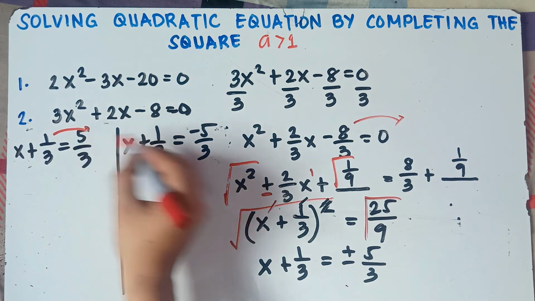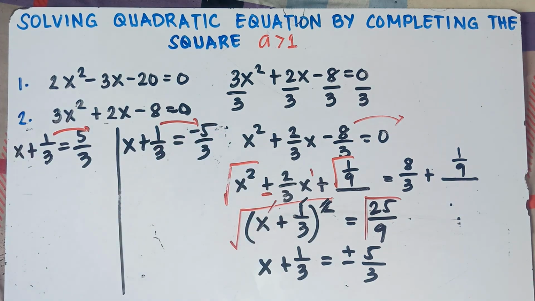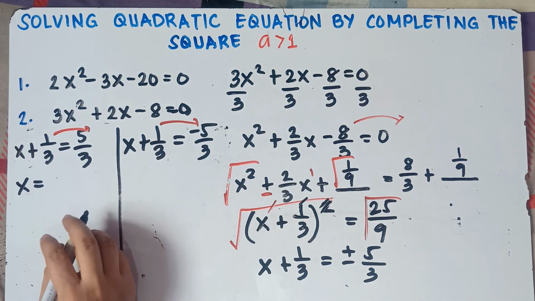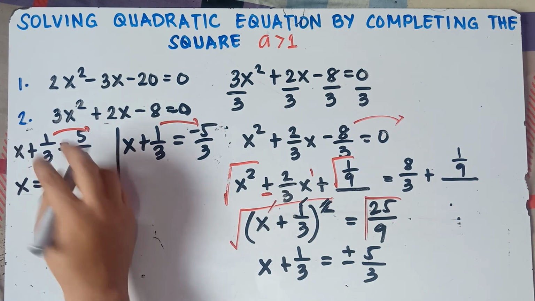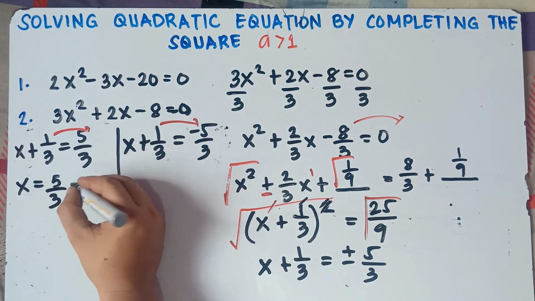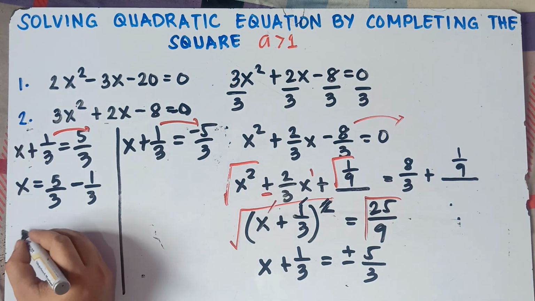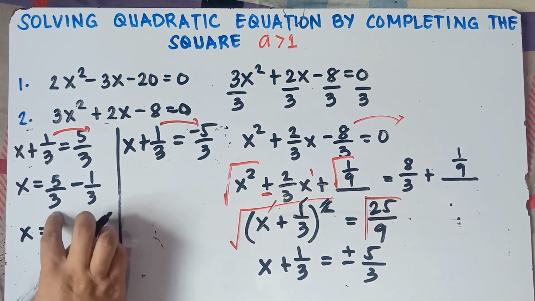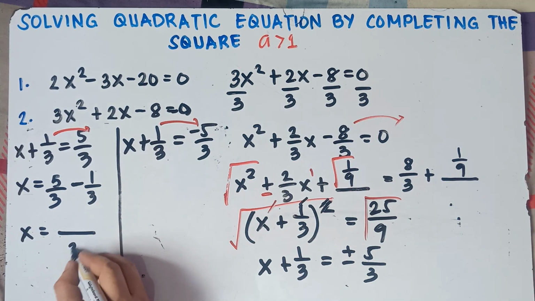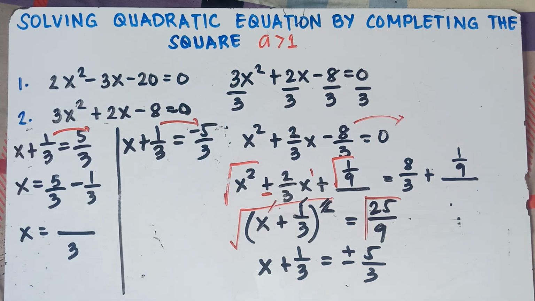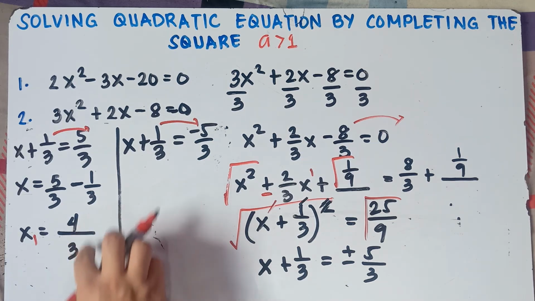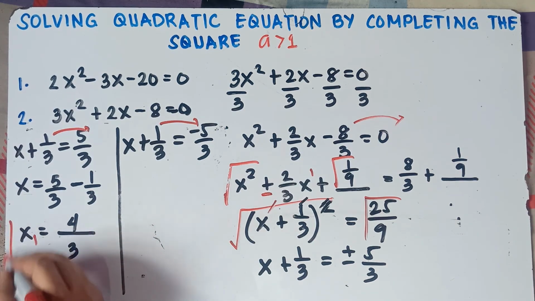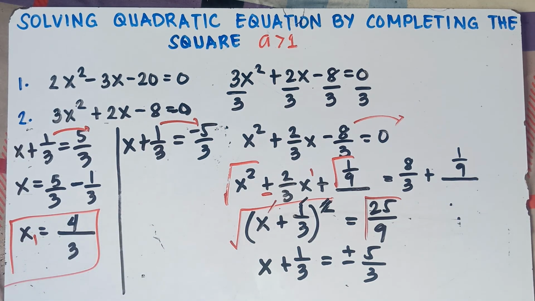So x equals, copy 5/3, this is positive 1/3, it will be negative 1/3. So x equals, copy the same denominator 3. So 5 minus 1, that is 4. So x sub 1 is 4/3. Check, class, if we can reduce. Nope, we cannot reduce. So x sub 1 is 4/3.